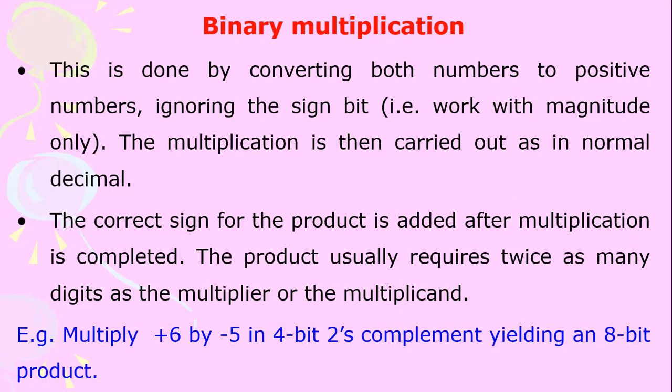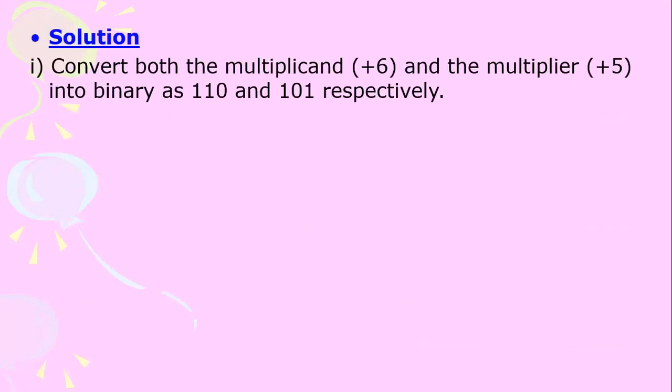For example, if you are told to multiply positive 6 by negative 5 in 4-bit 2's complement, yielding an 8-bit product, you proceed as follows. Number 1, convert both the multiplicand, that is positive 6, and the multiplier, that is positive 5, into binary.